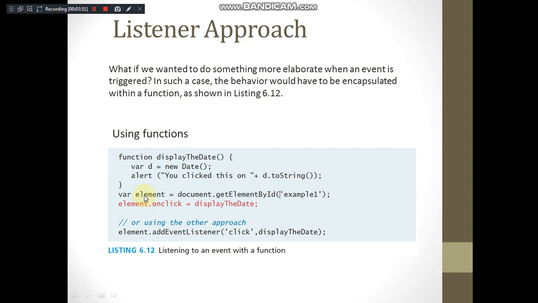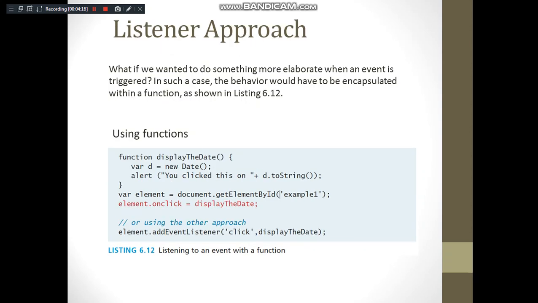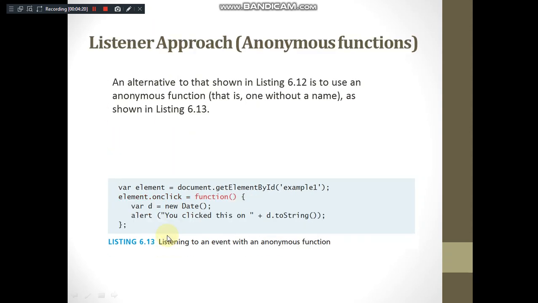Further we make use of this variable itself, element.onclick, that is the old approach, calling the function displayTheDate. You can make an observation, the parentheses are skipped here, so that is optional. If you don't have parameters, you can call the function without the parentheses as well in JavaScript. The other approach, that is the listener approach, you can use addEventListener with the variable, or else you can use the other way. What is the other way?